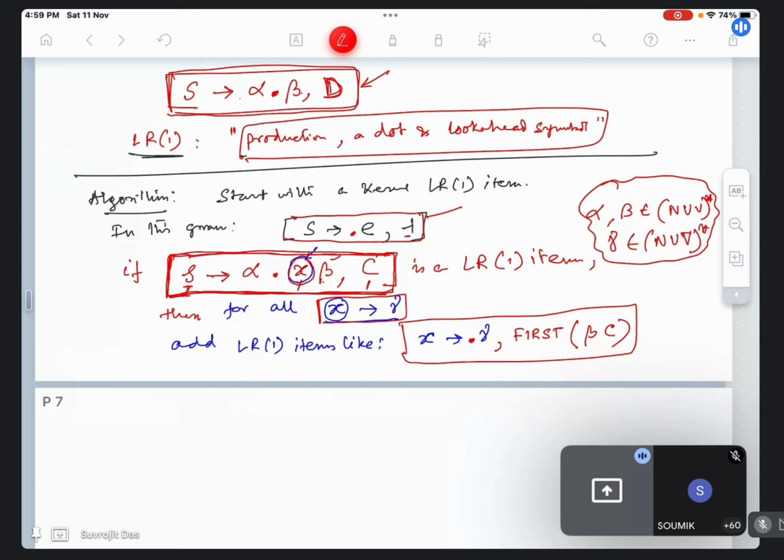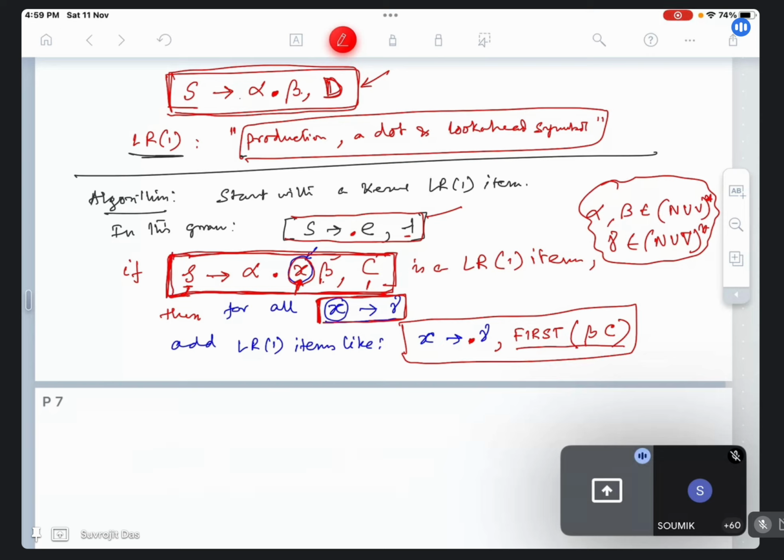So you have to take care of this non-terminal X, right? So find out productions that look like this and build LR items like X goes to gamma, give a dot, comma, first of beta C. Now what does first of beta C mean? First of beta C means what are the items that can follow X?